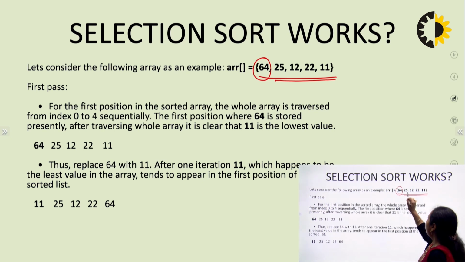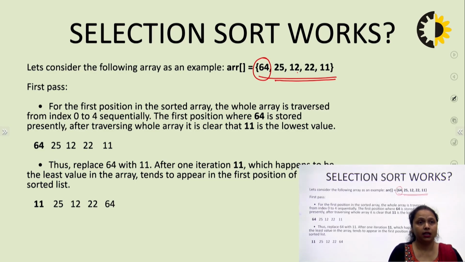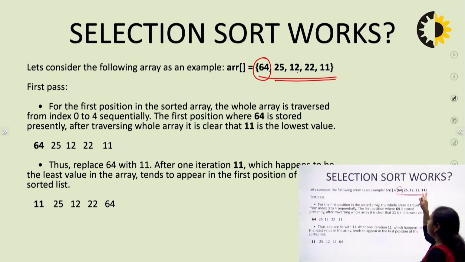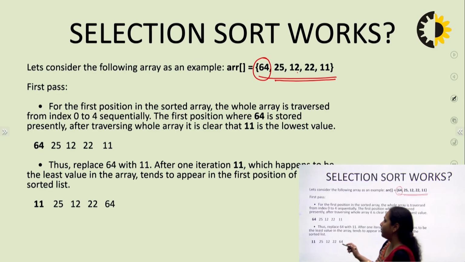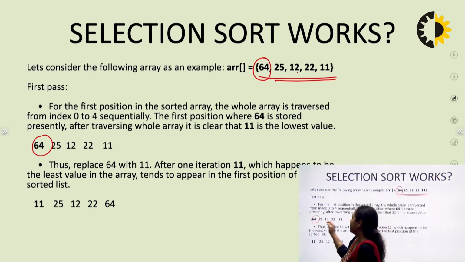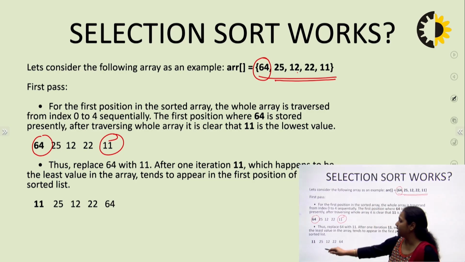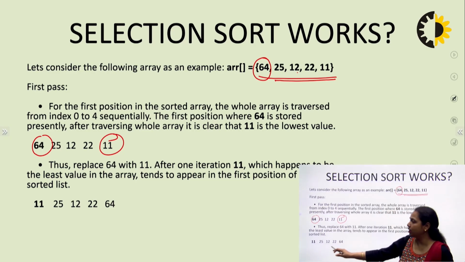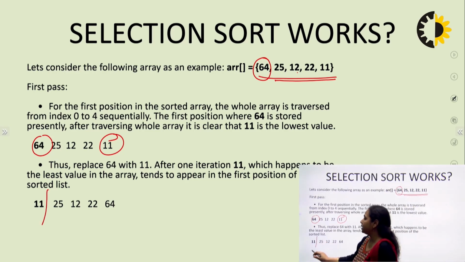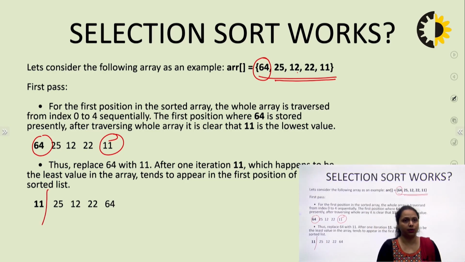When we search, we find that 11 is the minimum element in the list. As we found the minimum element, we swap the assumed smallest element with the minimum element. Now after swapping, we get this kind of list: 11 will reach the first position and 64 will reach the last position, which means the first element of the array is at its correct position now.